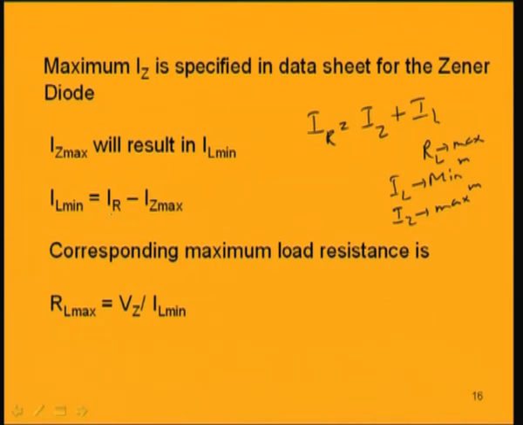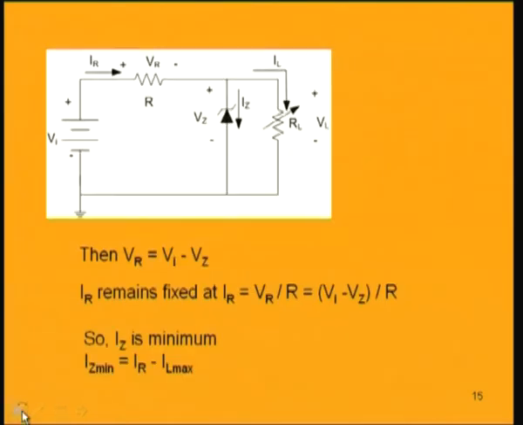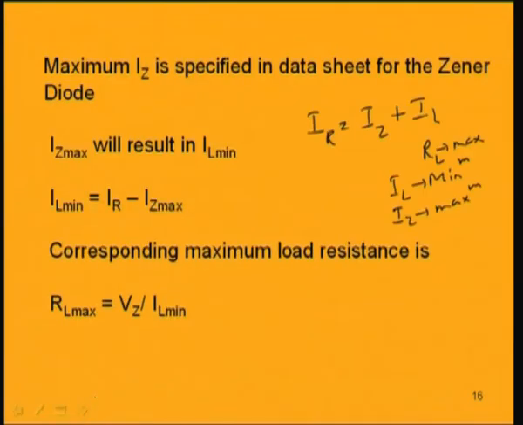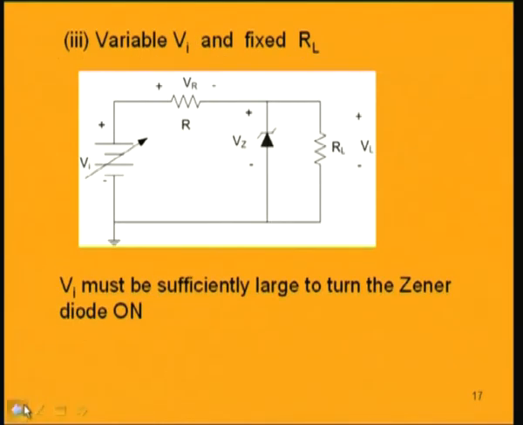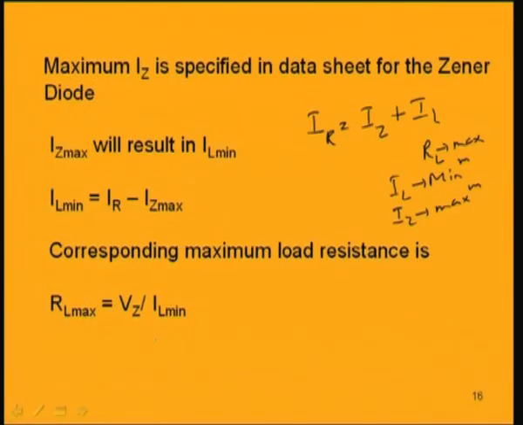This IR we know, because IR is equal to Vi minus Vz by this resistance R. So, once you fix this IR, we can find the maximum Zener current. So, maximum Zener current means IL minimum.